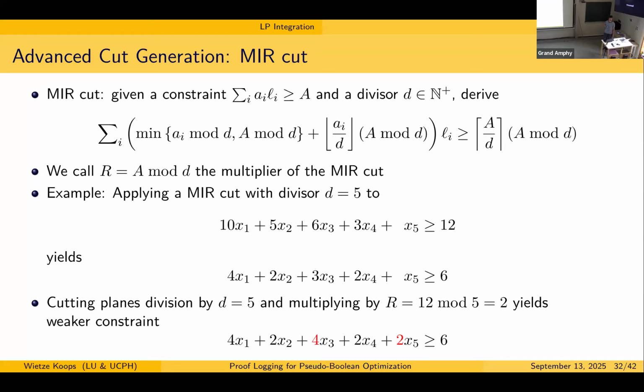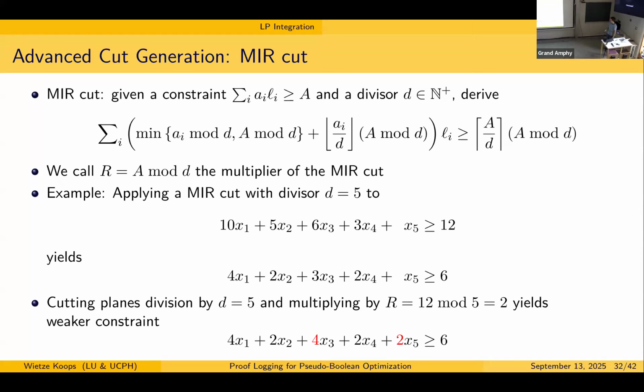So I always struggle to understand this, but what happens here is that division would always multiply by capital A mod D, but the point is a_i mod D could sometimes be smaller. Is this what happens? Yes, and this is what we're winning. So indeed, the coefficient of the MIR cut is smaller if a_i modulo D is strictly between 0 and A modulo D. For example, we see with the 6, it's 1 modulo 5, which is between 0 and 2, and also with the x5, it is 1 modulo 5.